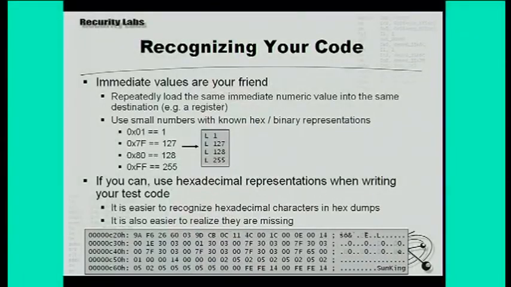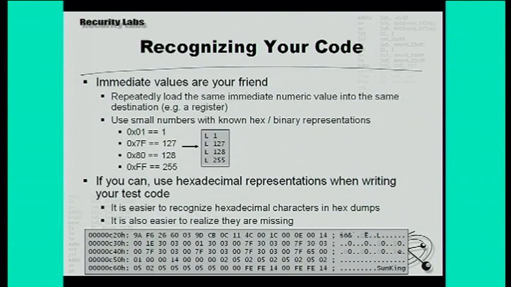So how do you start recognizing your code? You start with the most basic functionality that you can find. So you're looking for something very simple. In the PLC case, it was loading a small value into the accumulator register, and then you do that multiple times.